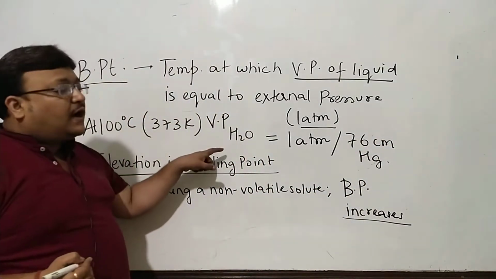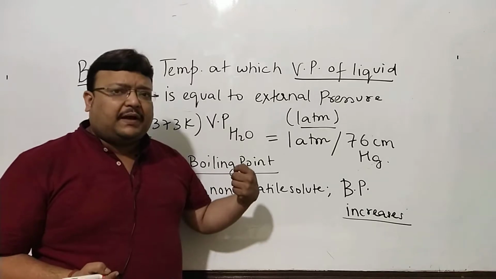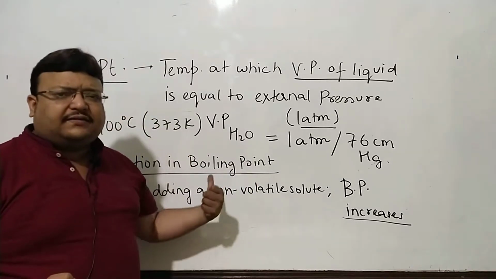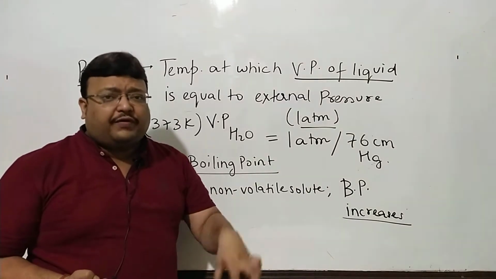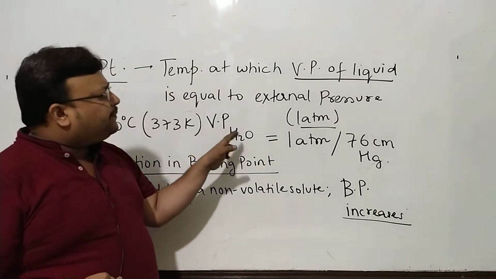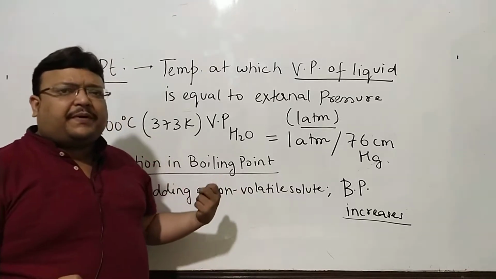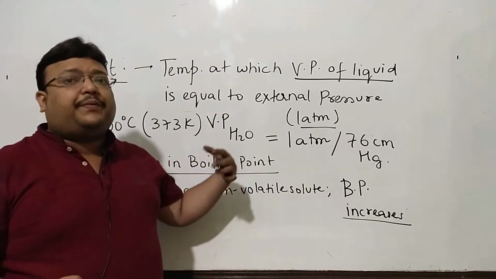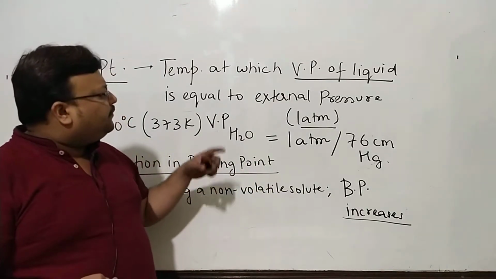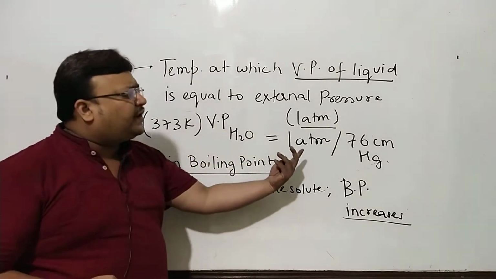Now what happens if you add some impurity to it? When you add a non-volatile solute, vapor pressure decreases. We are talking about lowering of vapor pressure. So naturally, the vapor pressure of a solution is less than that of the pure solvent. It will need more temperature.